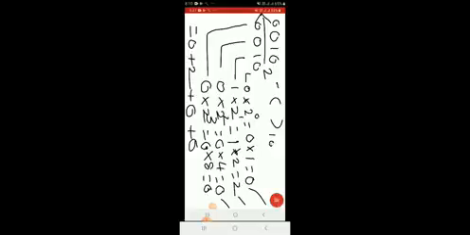See, 0 plus 2 plus 0 plus 0. So we will get 2. So 2 is the decimal equivalent of the given binary number. Okay, we will see another example for the same conversion.